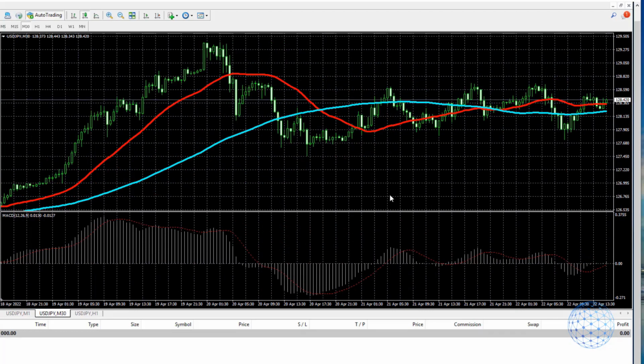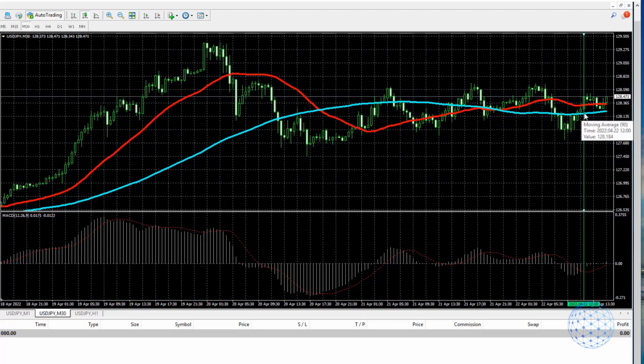If I scroll the chart to the end and I put a vertical line at 12 o'clock today, this will be right at this candlestick. Okay, and we have the confirmation. The red line, the 30 moving average, is above or is higher than the blue line, the 90 moving average.